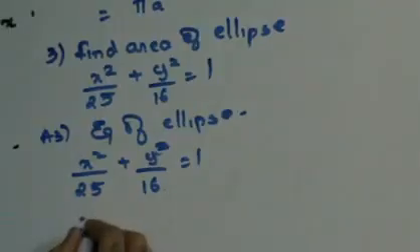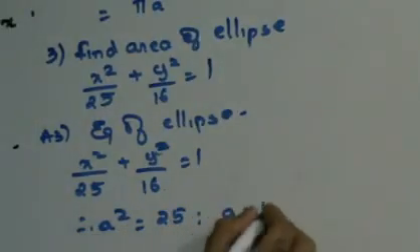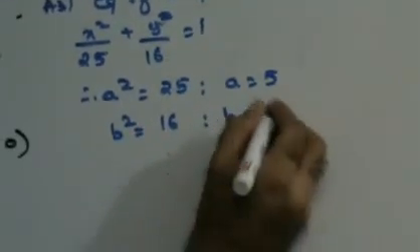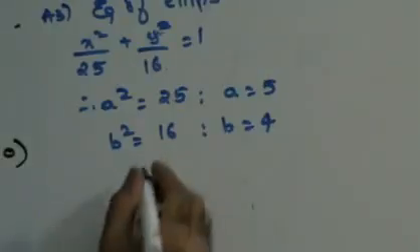Therefore, I can say that a square is 25, hence a is equal to 5. b square is 16, therefore b is equal to 4. Once I have the values of a and b, let's draw the figure, guys.